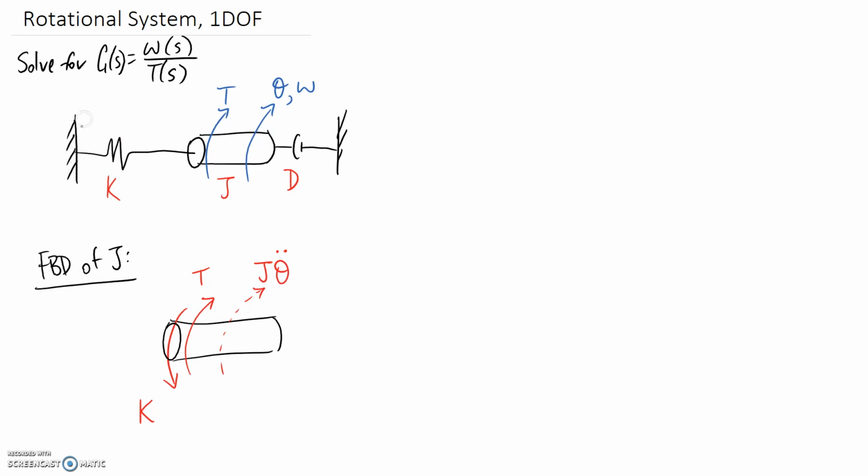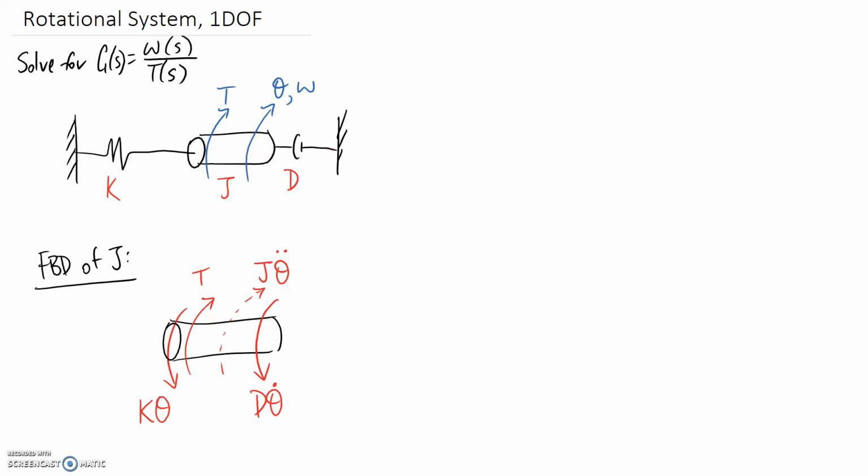Since it's butted up against a wall, the angle of the spring is just going to be the same as what the shaft's at, so theta. Now we need to consider the damper. Again, it's going to oppose the direction of our motion, so it's going to go back, and it's going to be equal to D times theta dot. So this is the speed that the shaft is going at. Again, because it's butted up against a wall, this one has a speed of 0 at the wall.